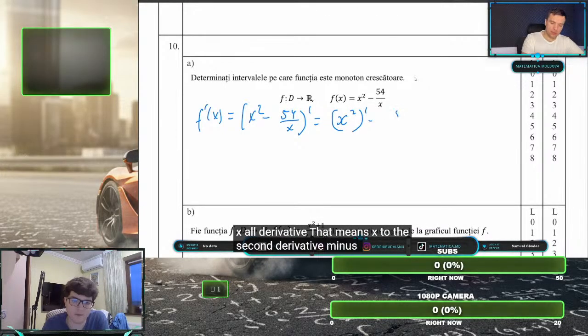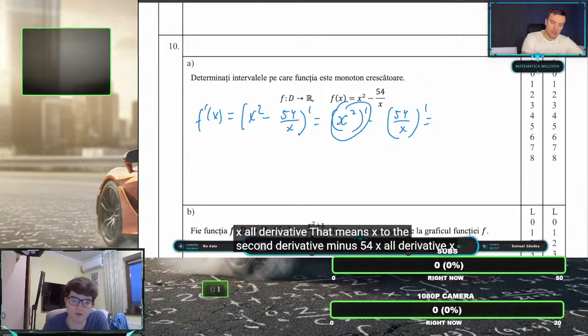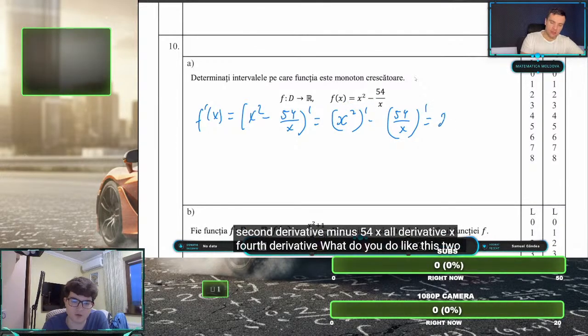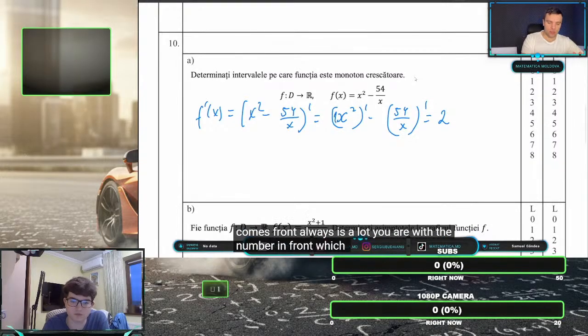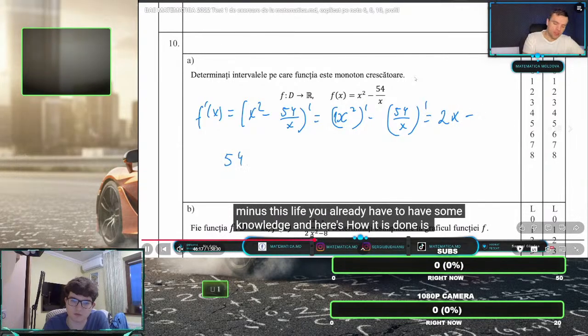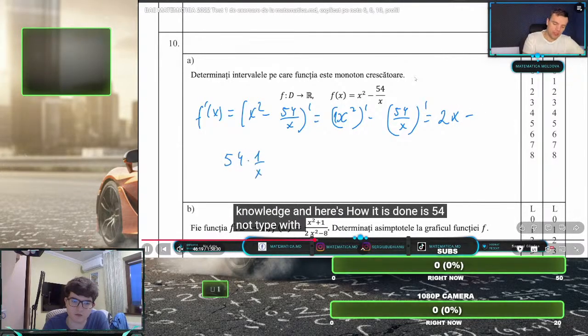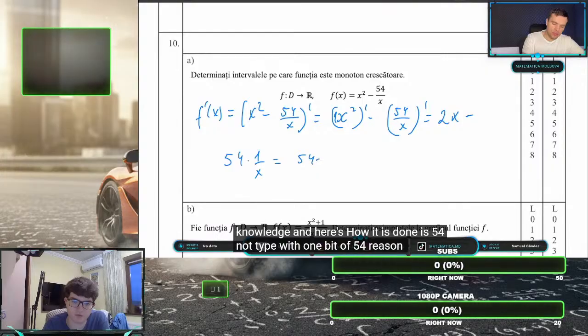So, this derivative, I think it's 2x. Yeah, 2x, bruv, minus that, like this.